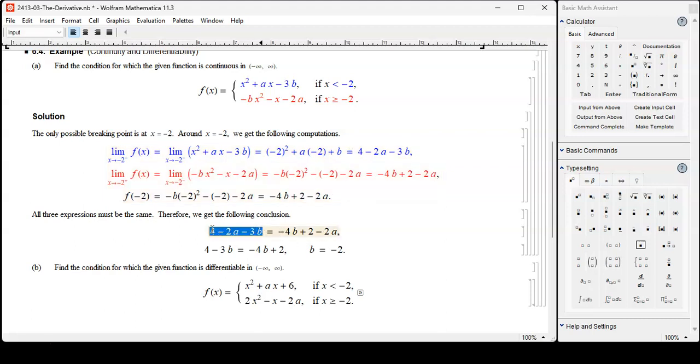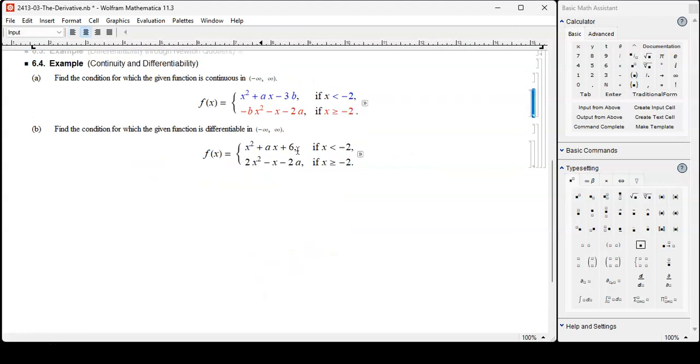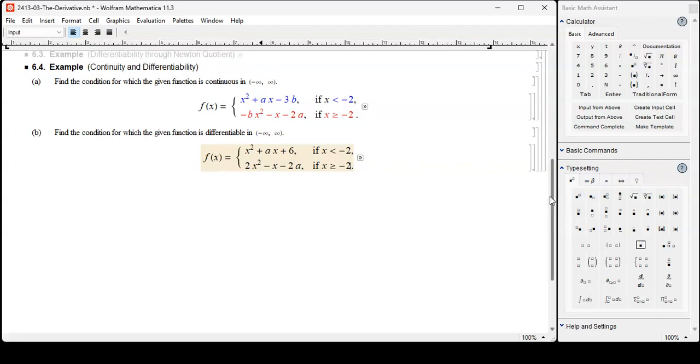You have to set them equal to each other, so blue equals red, and then -2a drop out, and we ended up with b equals -2. So we got halfway through, the b value we found out, and then plug in that b value, we have a new problem. And then calculate the Newton quotient or shortcut. Yes, we have continuity, so the shortcut will work.